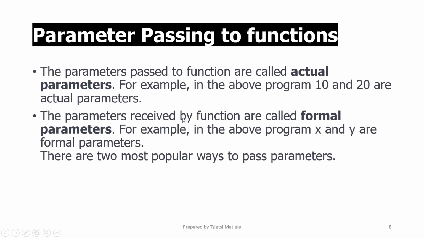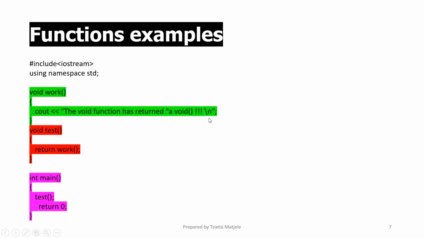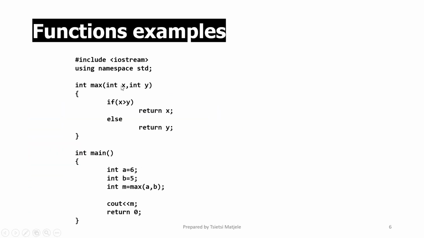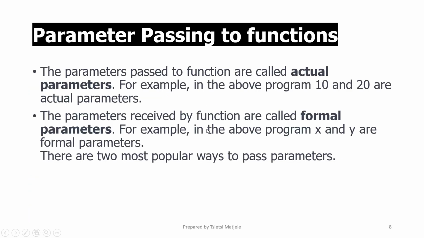The parameters received by the function, remember, we have these parameters received by the function, which are x and y. This is our function here, x and y. They are called the formal parameters. For example, in the above program, x and y are formal parameters. There are two most popular ways to pass the parameters.